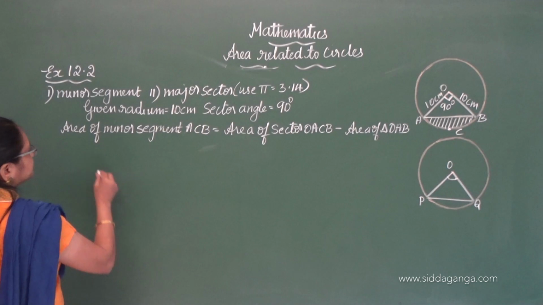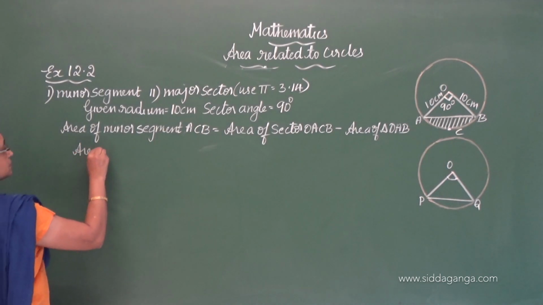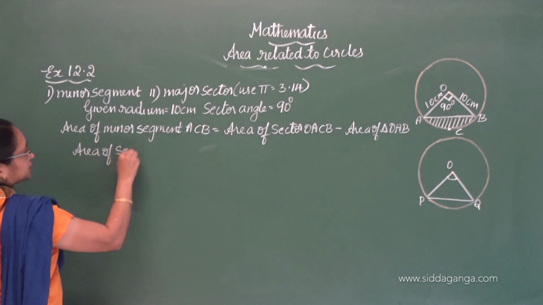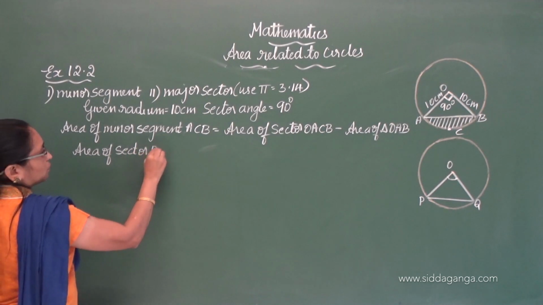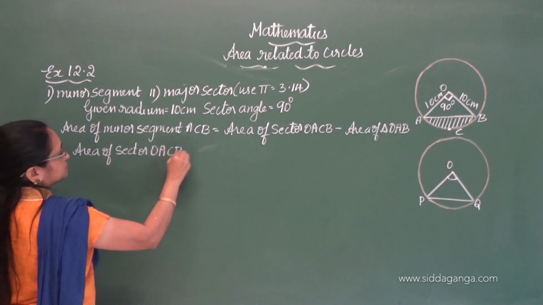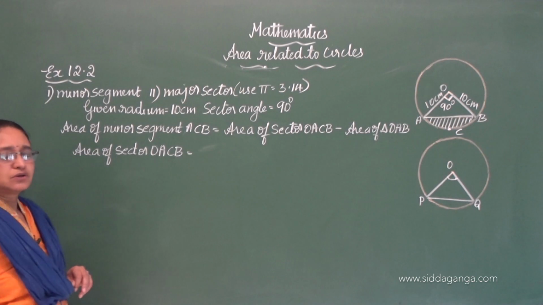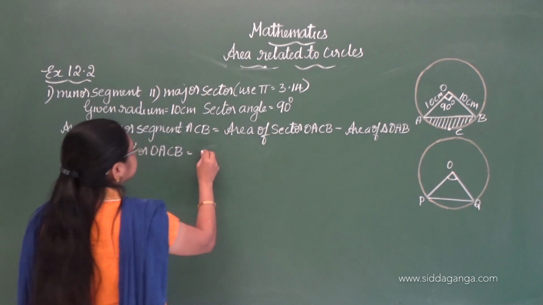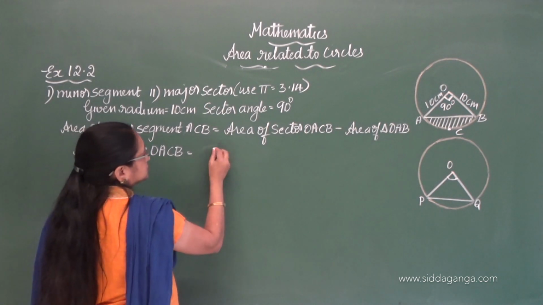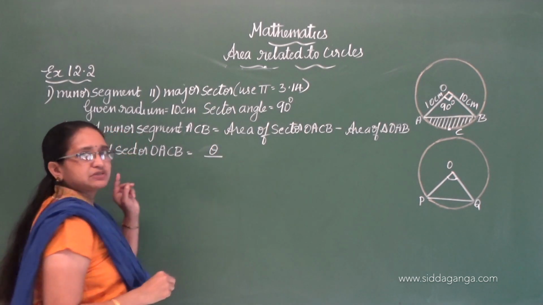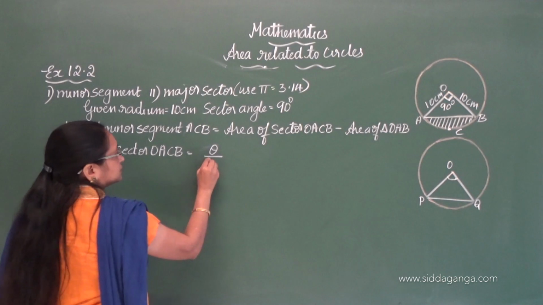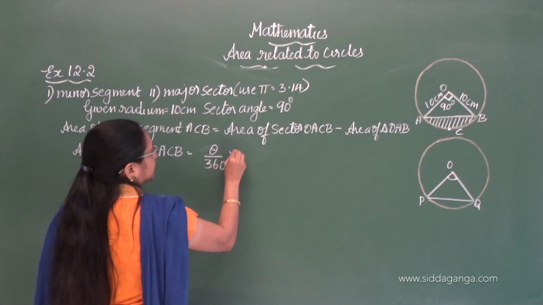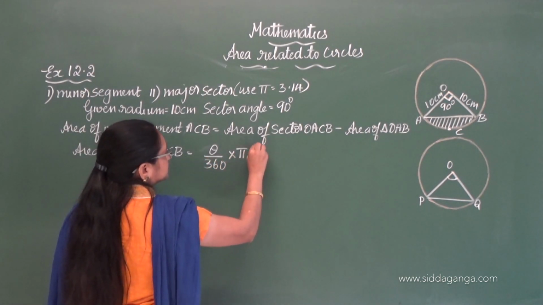Now let us find the area of sector OACB. The area of the sector OACB is equal to theta by 360 into pi r square, as I told you in the previous class.